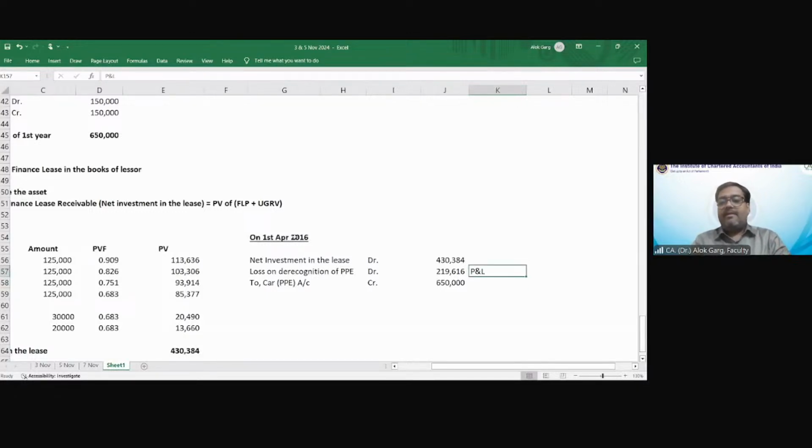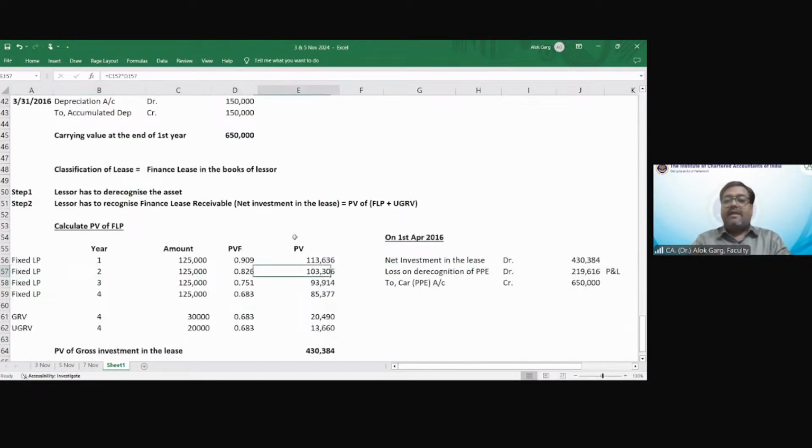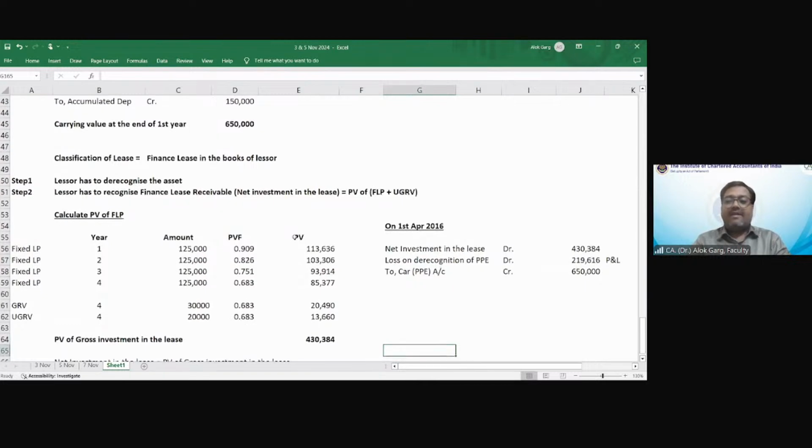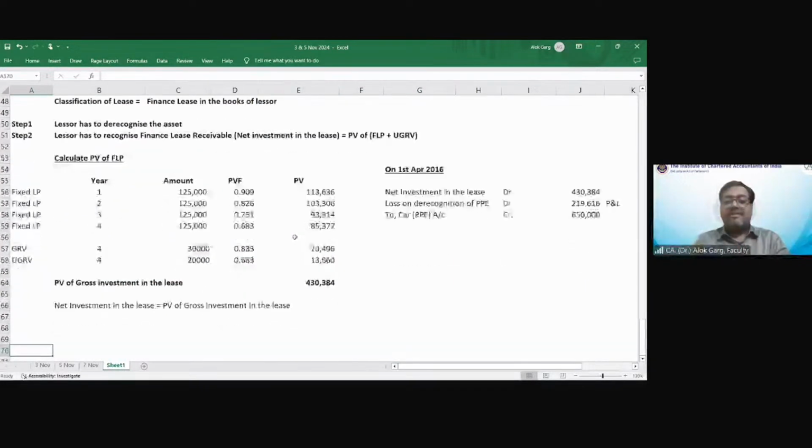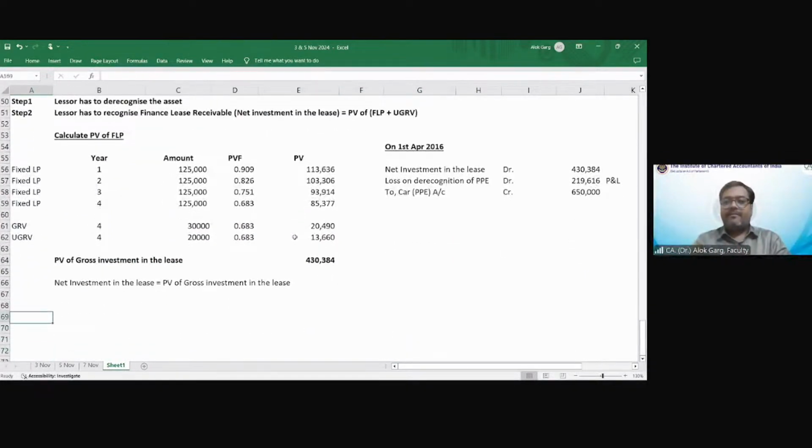Sir, ये तो समझ में आ गया कि फाइनेंस लीज रिसीवेबल यू हैव रिकॉग्नाइज्ड, बट व्हाट इज द सब्सिक्वेंट अकाउंटिंग, राइट? So this lessor has de-recognized the PPE and recognized the finance lease receivable, a financial asset, right? He has de-recognized the non-financial asset and recognized the financial asset.